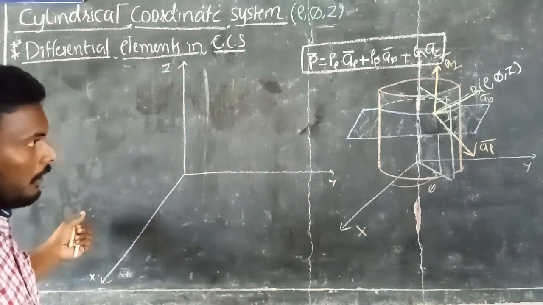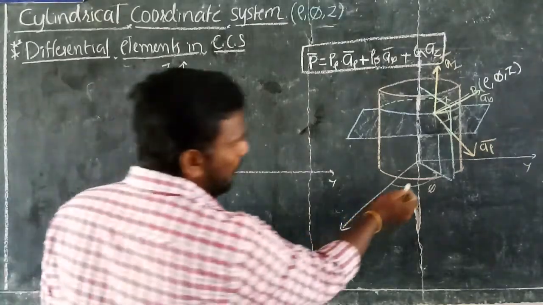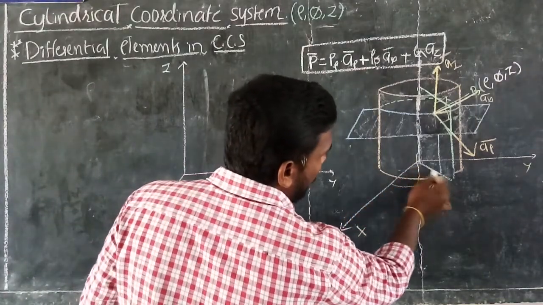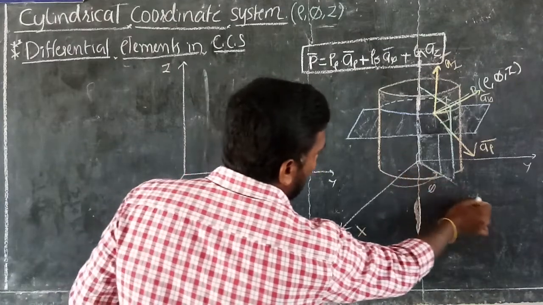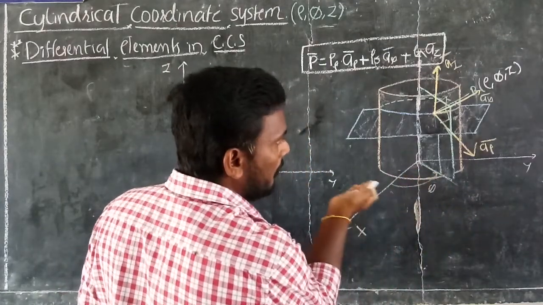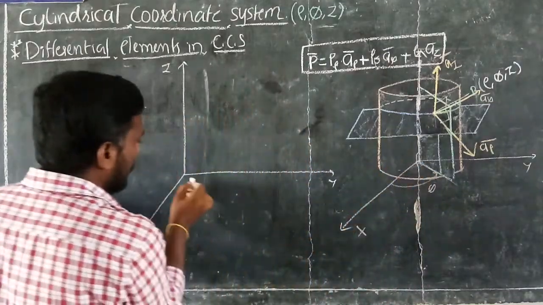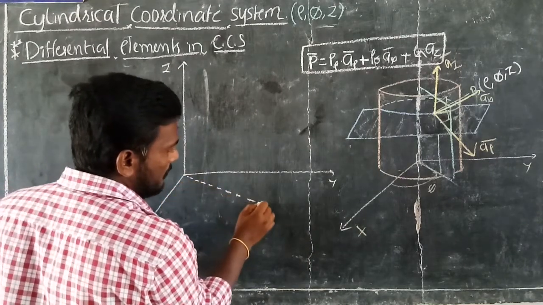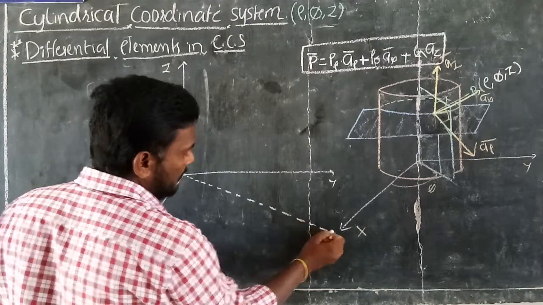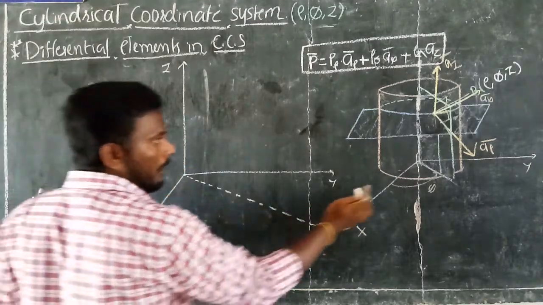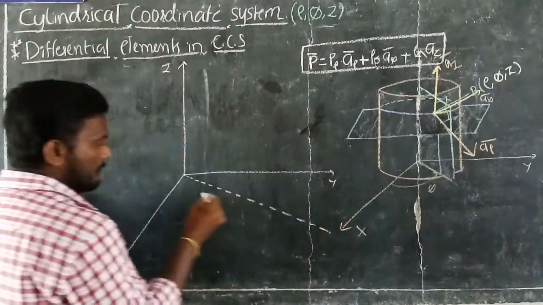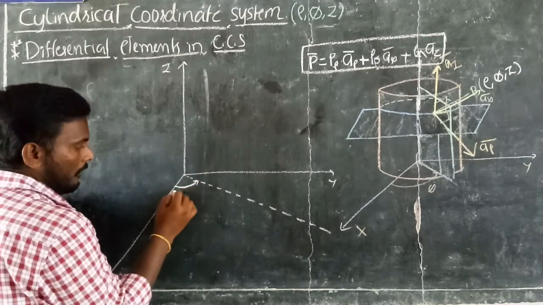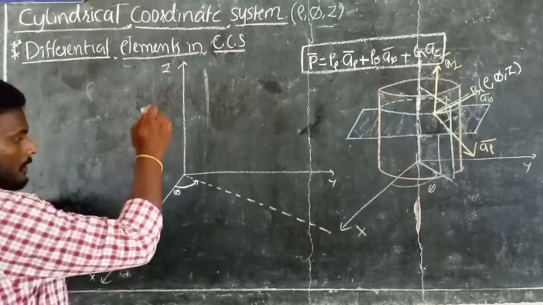First of all, I am drawing the half plane. I am drawing the bottom edge of the half plane here with dotted lines. And it is making an angle. How much angle is it making? It is making angle phi from the xz plane.